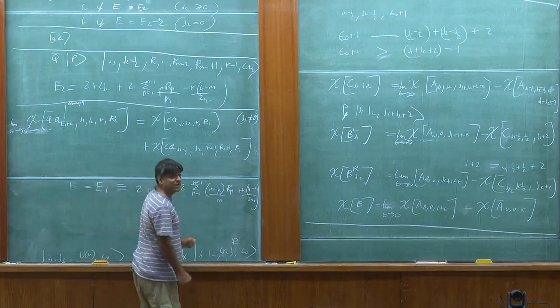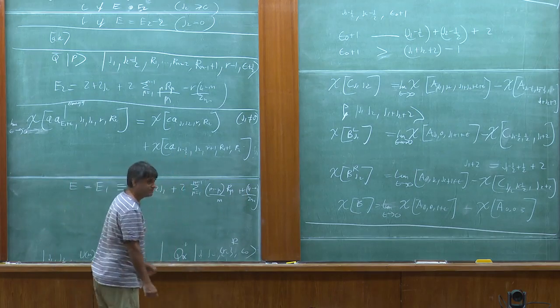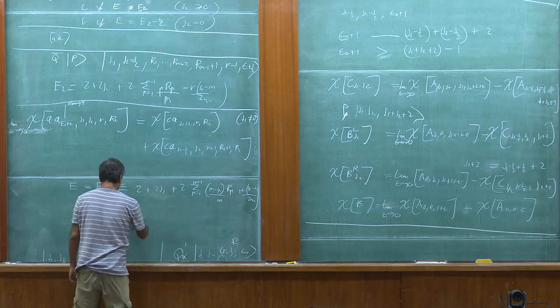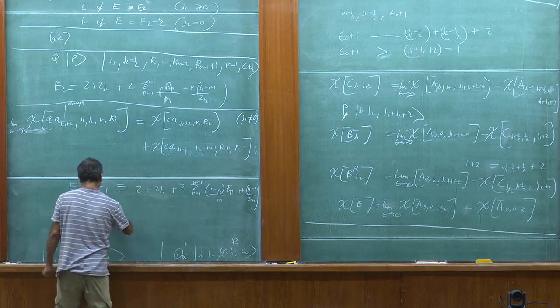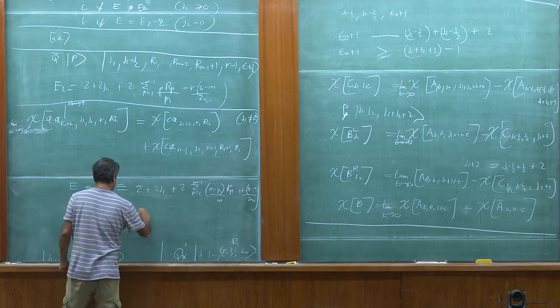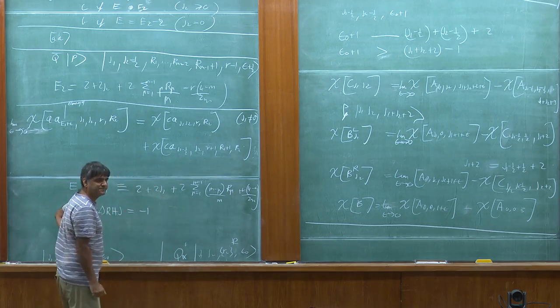First, J1 has gone down by half. So delta RHS is equal to minus 1, that is from J1.